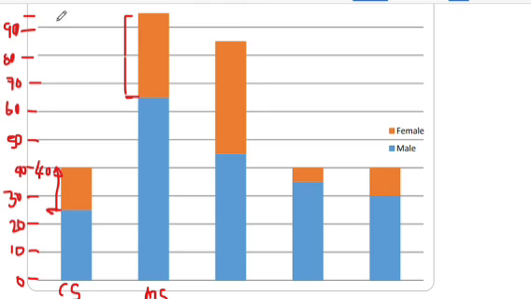Any midway between these should be 5. So if I want to get 85, it should be somewhere around here. My 75 is here, my 65 is here. That is how you get this.